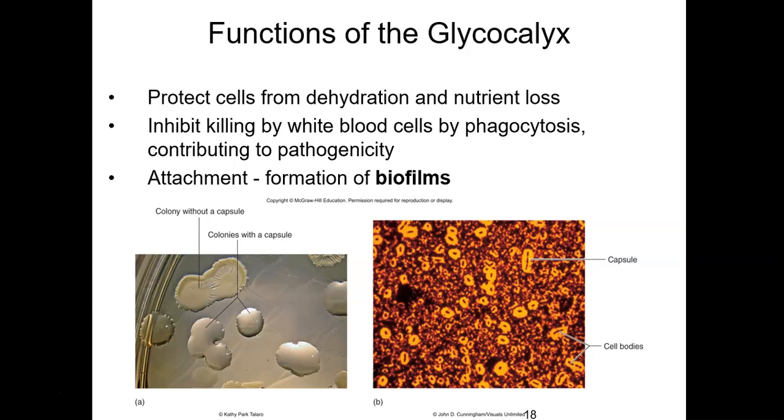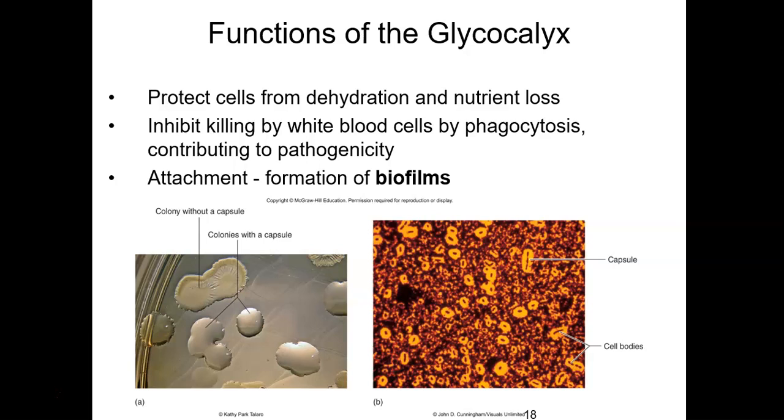And then finally, attachment. And we talk a lot about these structures called biofilms. Biofilms are these really thin layers, these films of microbes that are growing in close proximity to each other. And they actually communicate through chemical signals. A lot of times we think about mildew in a shower or a bathtub, within a shower head.